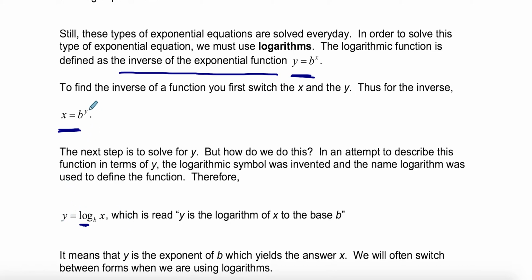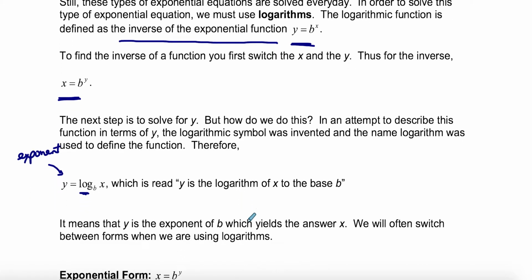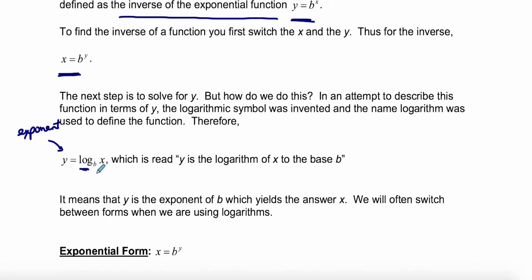So in this case, y is actually our exponent. That's what we're going to find in the end. So it's just kind of working backwards to find out what the exponent must be to give you a certain answer. The base of our function is going to be this little tiny sort of subscript number, and then the answer is actually the x.